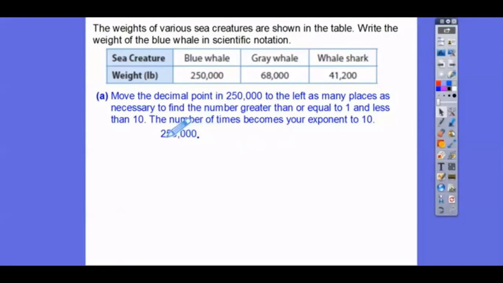So I count 1, 2, 3, 4, 5, then stop, which means I'm going to write 2, put the decimal point, and then 5. It will be 2.5 times 10 to the power of 5.